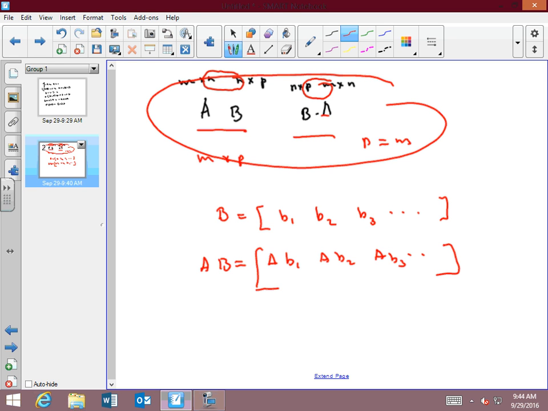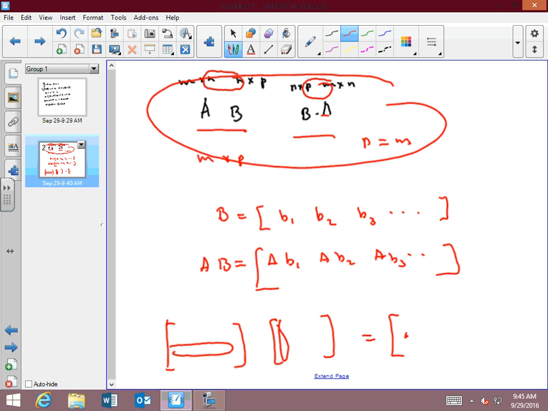If the product AB is defined, now notice it's saying if it's defined, then the entry in row i and column j of AB is the sum of the products of the corresponding entries in the ith row of A and the column j of B. So if you have A and B and you want to get this position right here, then you have this one here times that first one.